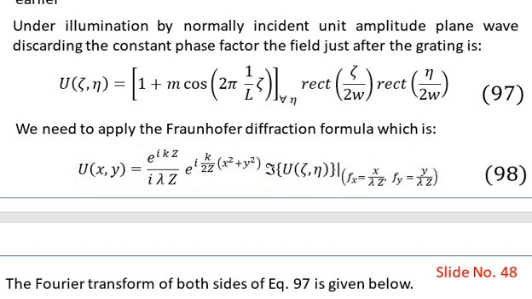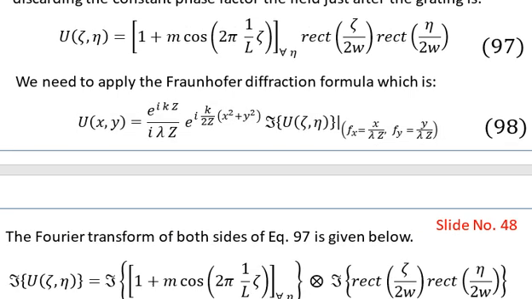So to find the field u of x comma y, we need to take the Fourier transform of the field at the input plane, u of zeta and eta, and then evaluate that Fourier transform at fx equal to x over lambda z and fy equal to y over lambda z.